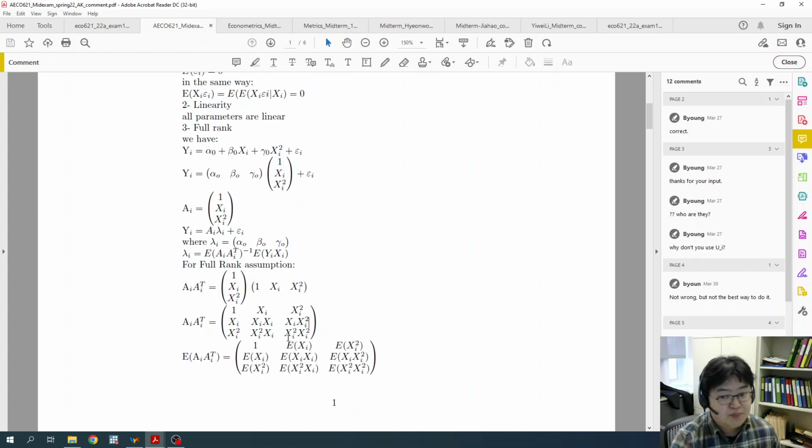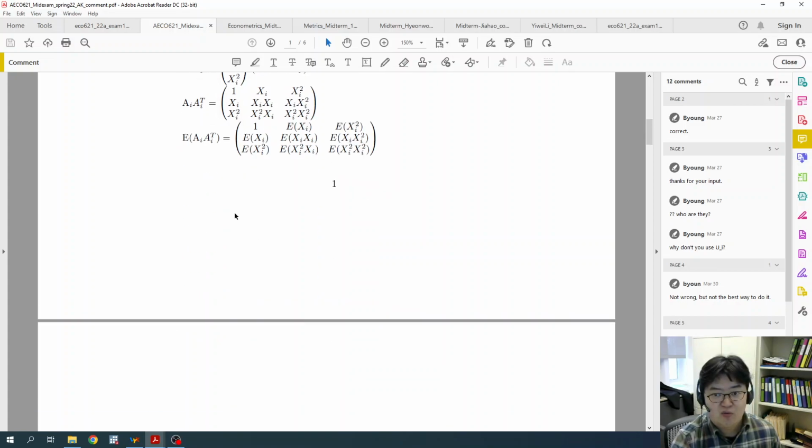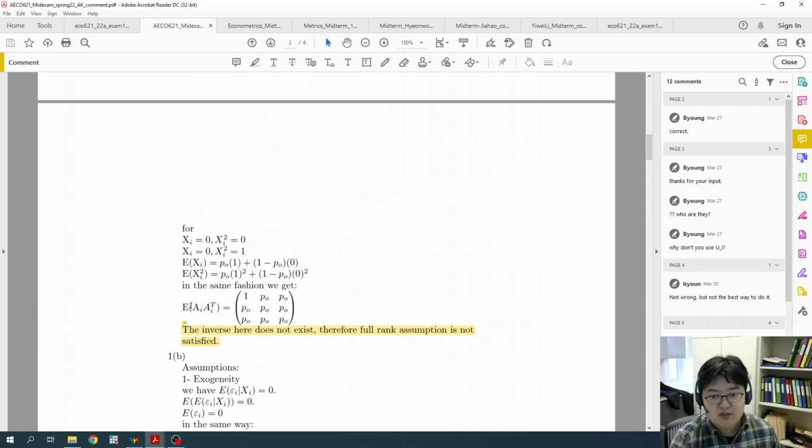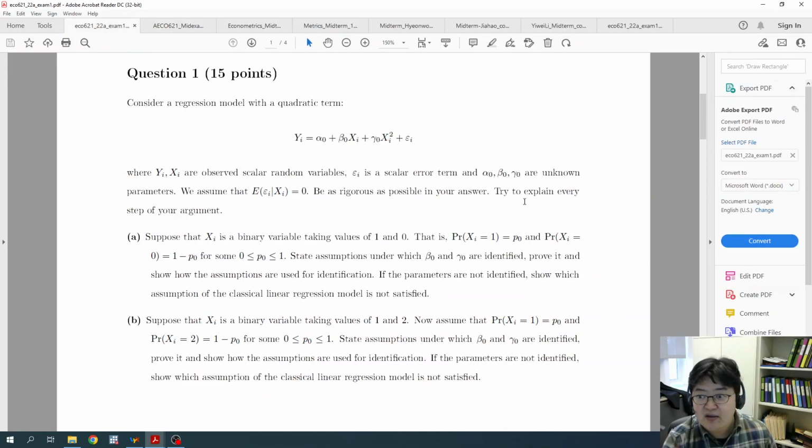What Ahmad did is he calculated the expectations. It should be right, and it's correct. But why? He did not explain why. So I don't like that part. I ask you to explain every step of your argument.